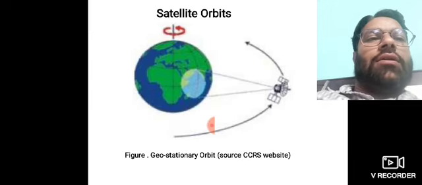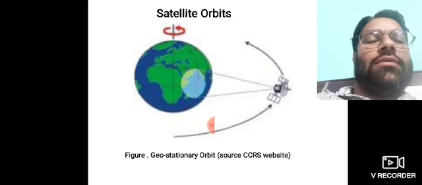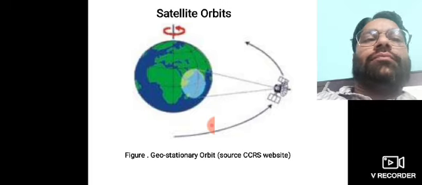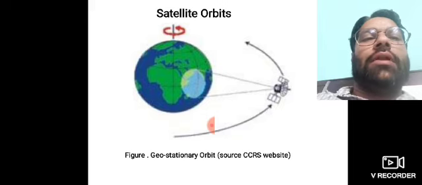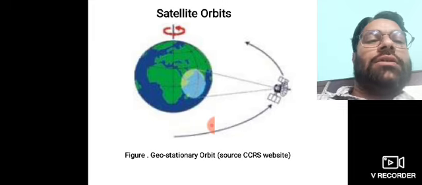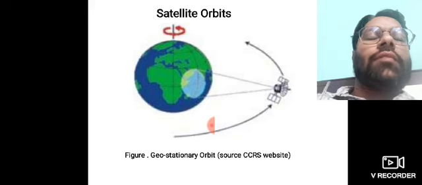Next is satellite orbits. There are two types of satellite orbits: geostationary orbit and polar orbit. Weather satellites, meteorological satellites, are placed in a geostationary orbit. It focuses on the same area of the Earth all the time, and that's why all meteorological information can be obtained.